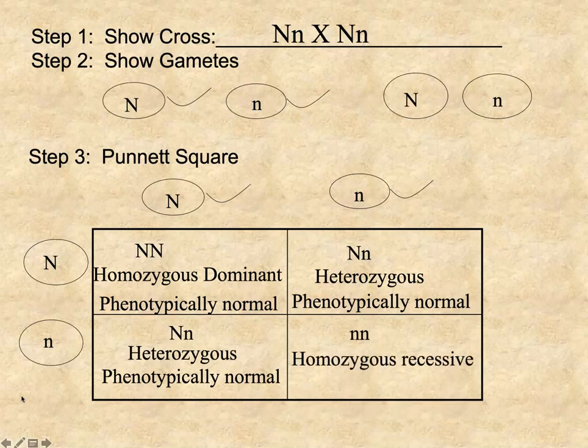They're homozygous recessive, and they will show the disease. And if it's a lethal disease, the baby will die of the disease. And so two individuals that are carriers have a 25% probability of producing a kid that will die of the disease.